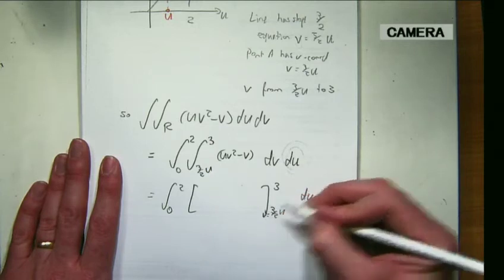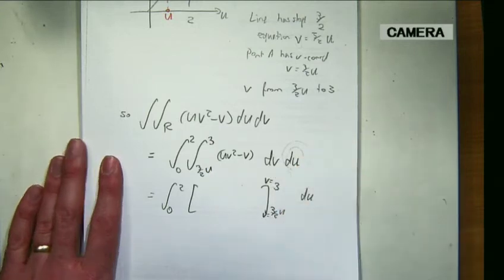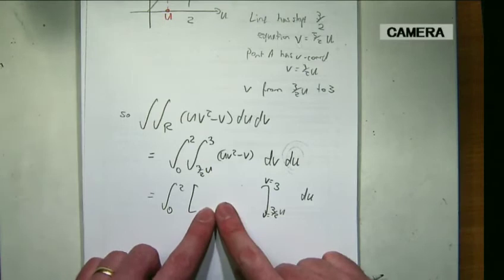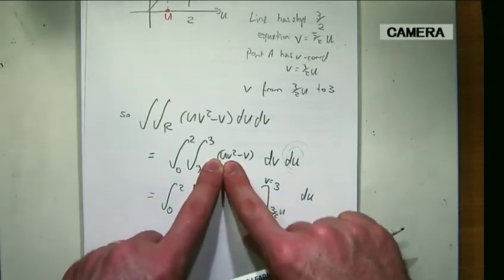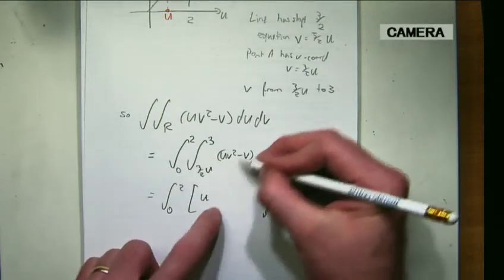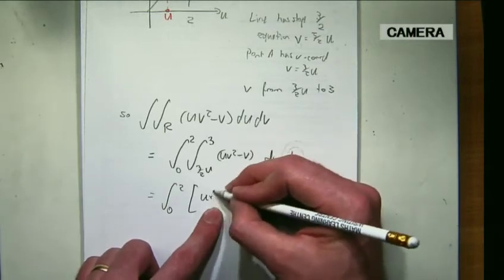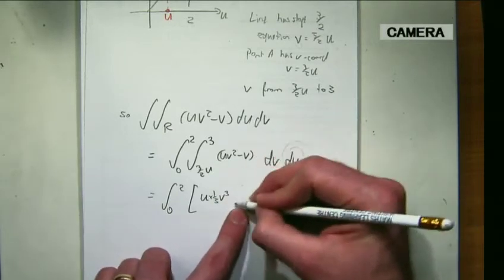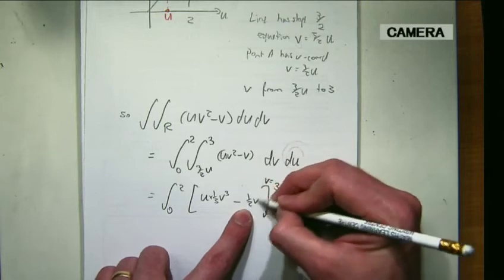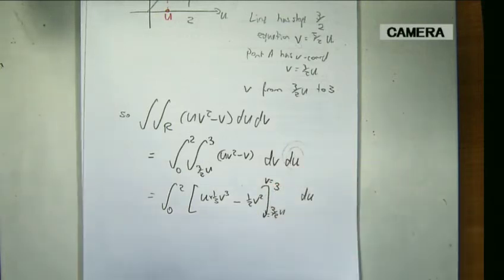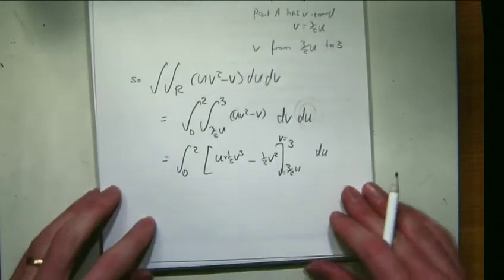So that's a v equals 3 on 2u and a v equals 3. So the u is a constant, so it'll still be there when I integrate. The v squared will go up to 1/3 of v cubed, and the integral of v is 1/2 of v squared. This is going to be awful, by the way, but there you go.